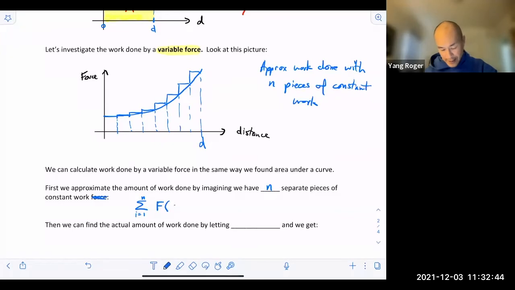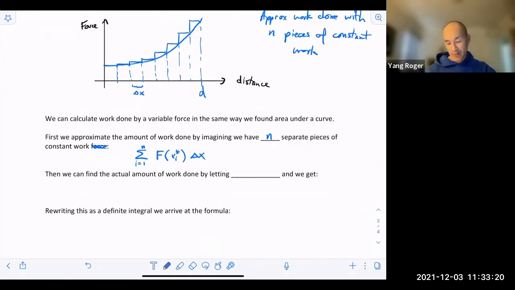We're going to call that point x_i star. And then we're going to multiply by a little bit of distance. That little bit of distance is what we call delta x. Delta x is just the difference of the two endpoints divided by n. I'm hoping this looks a little bit familiar to you.